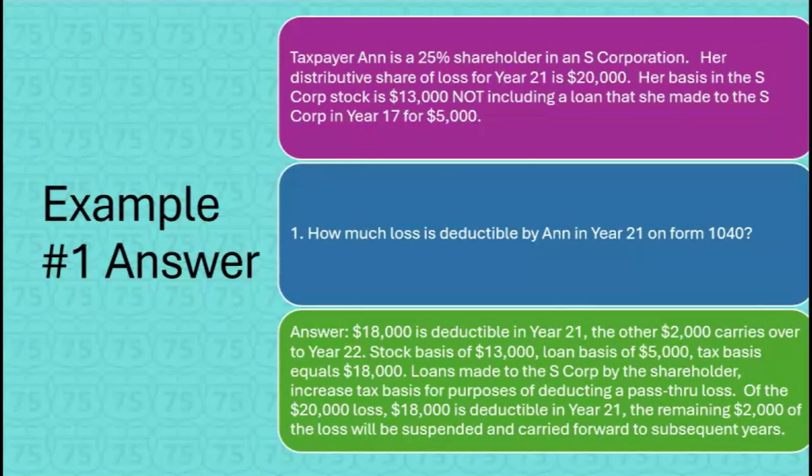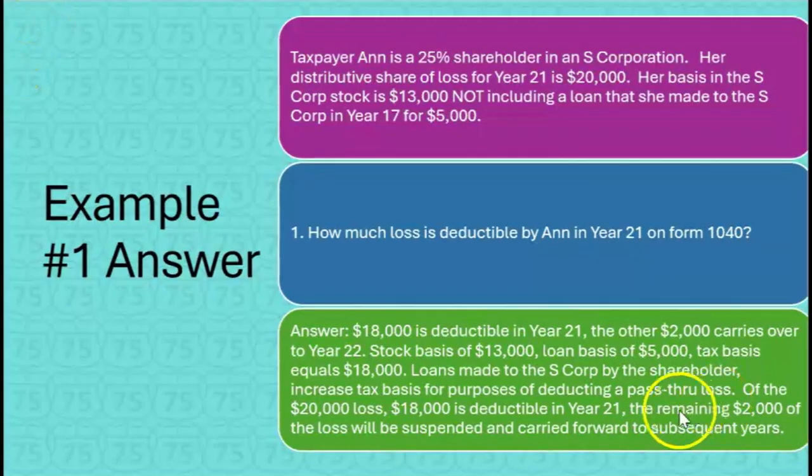It means that if you loan money to the S Corp and then there's a big loss in the business, that loan that you made will allow you to deduct more loss. So of the $20,000 loss, $18,000 is deductible in year 21. The remaining $2,000 will be suspended and carried forward to subsequent years.